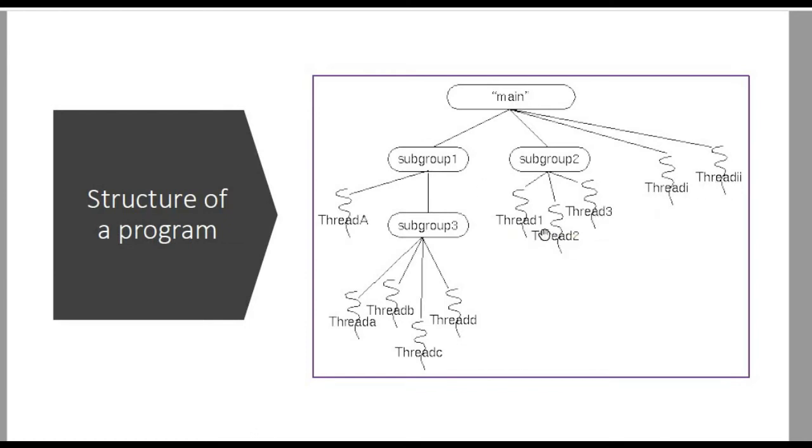These independent threads execute simultaneously to perform the task of the subgroup. Likewise, each subgroup can be divided further. At the end, the main function will get the result parallelly at the same time.